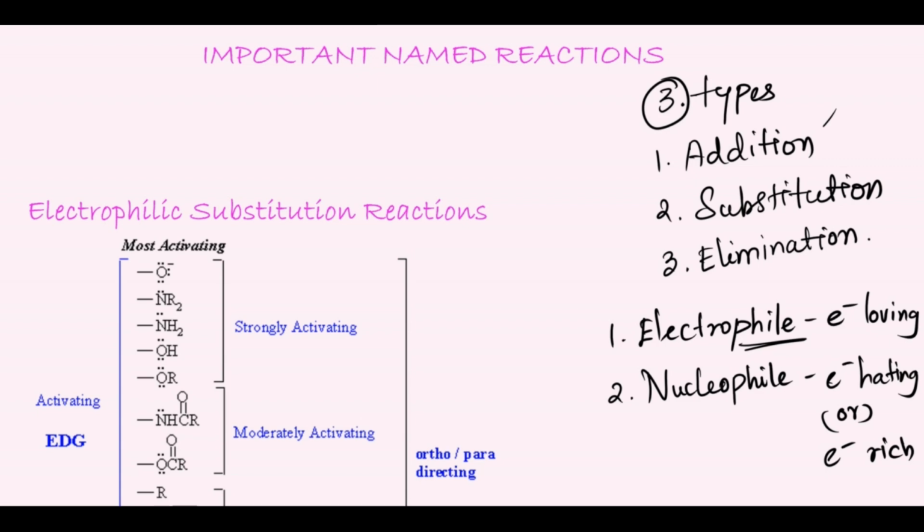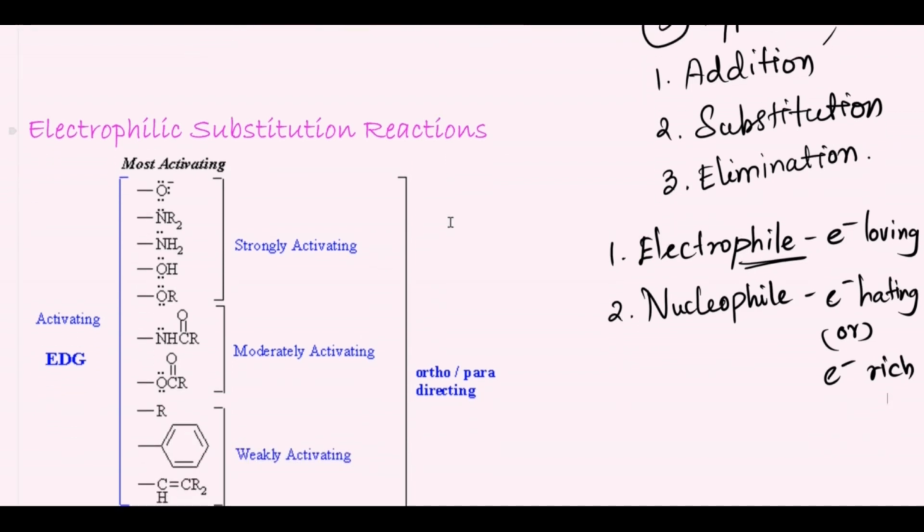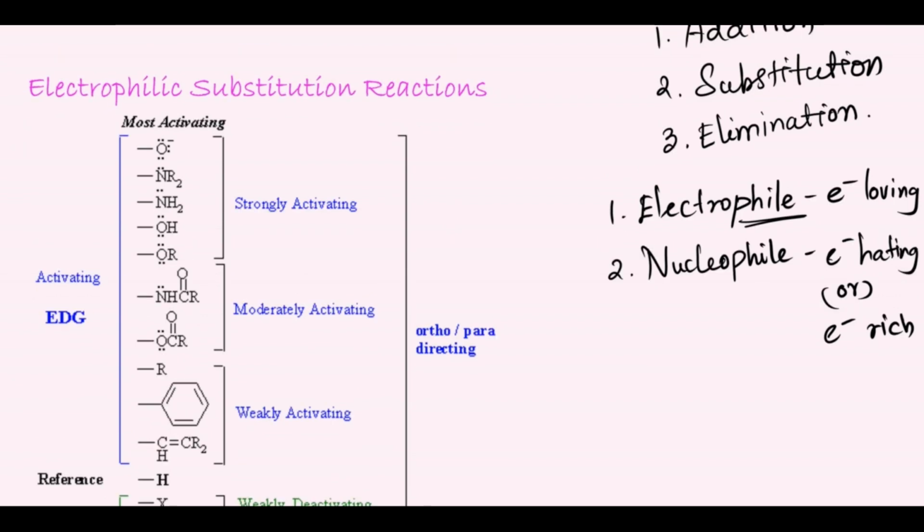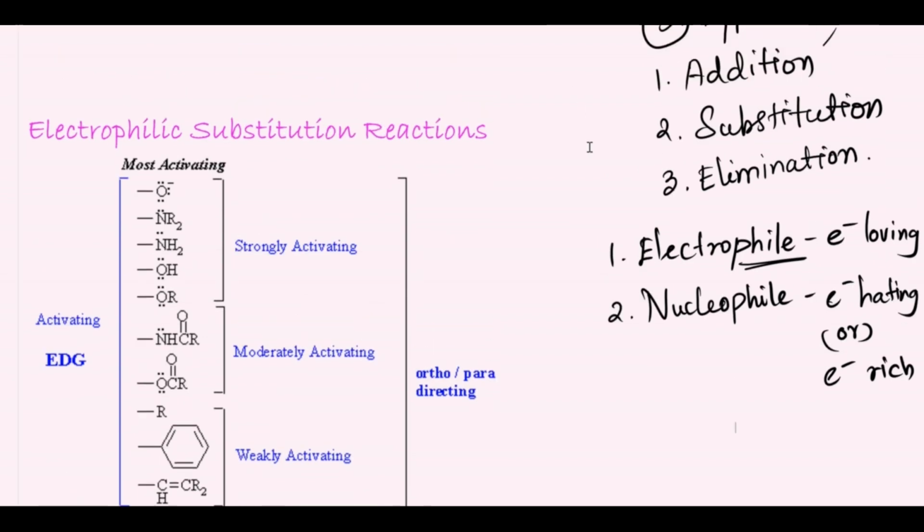So let's see what general rules we can consider to predict the product. First, let's see electrophilic substitution reaction. An electrophile you can consider will have a plus charge, or sometimes it can be neutral also.